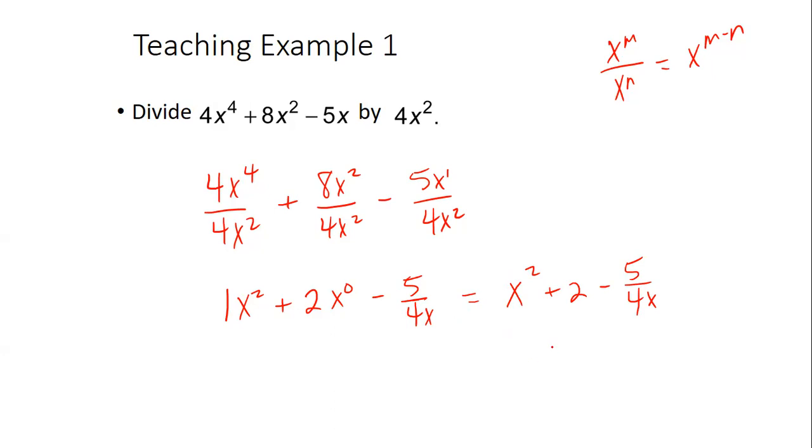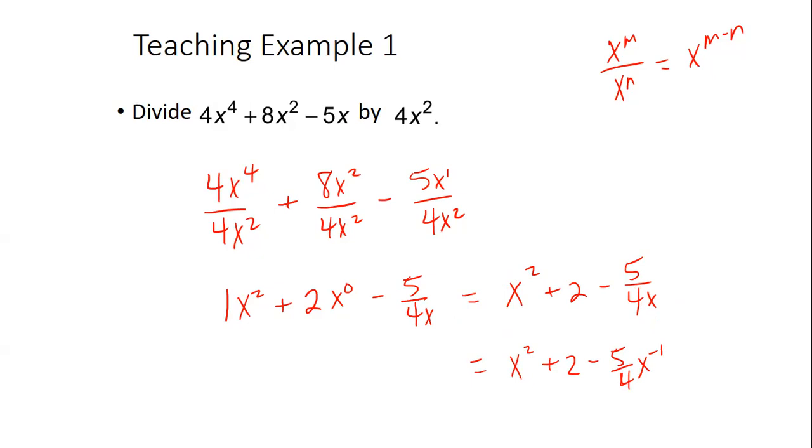Okay, if your homework asks you to write it as a negative power, remember this can also be written as x squared plus 2 minus 5/4 x to the negative 1. If I want to bring a variable out of the denominator, I make its power negative.